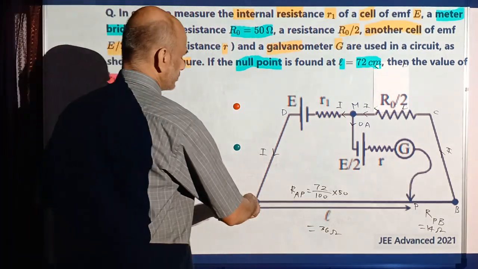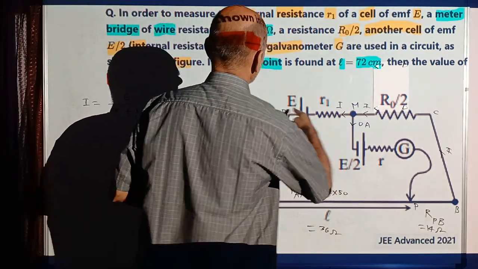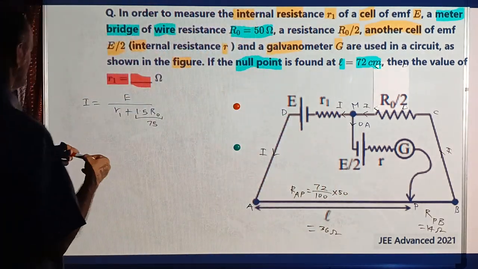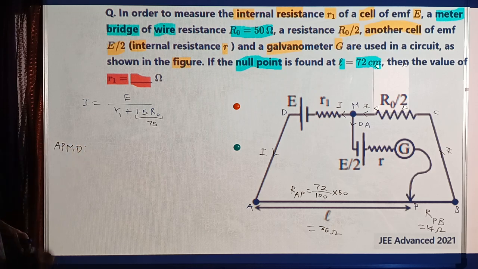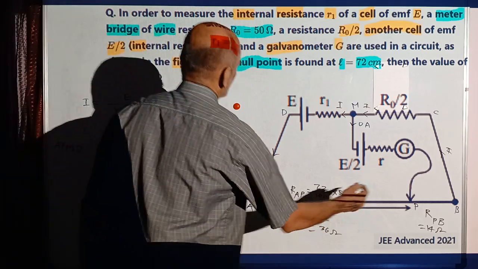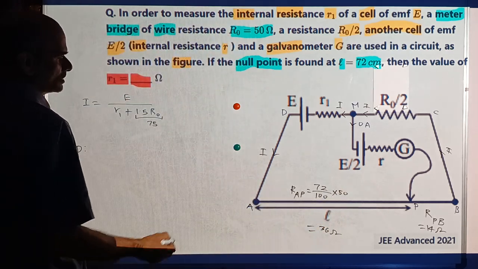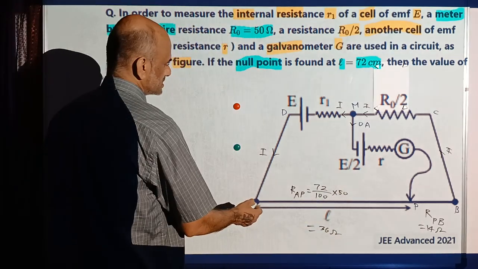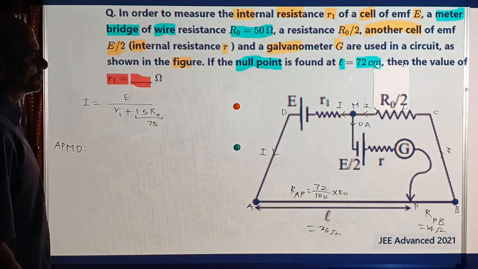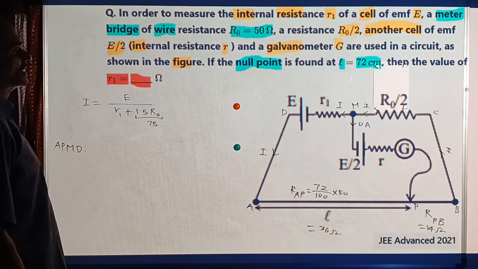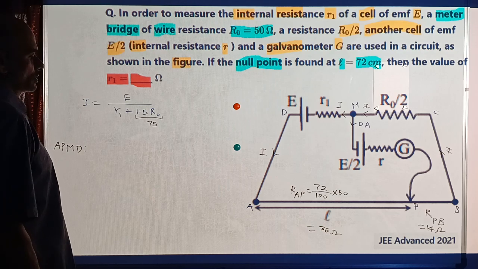Applying KVL in this loop, A, P, M, D. We can write summation of drops equal to 0. So from A to P, the drop is the current into the resistance of this length A to P. Along the direction of current, in a resistor there is a voltage drop.